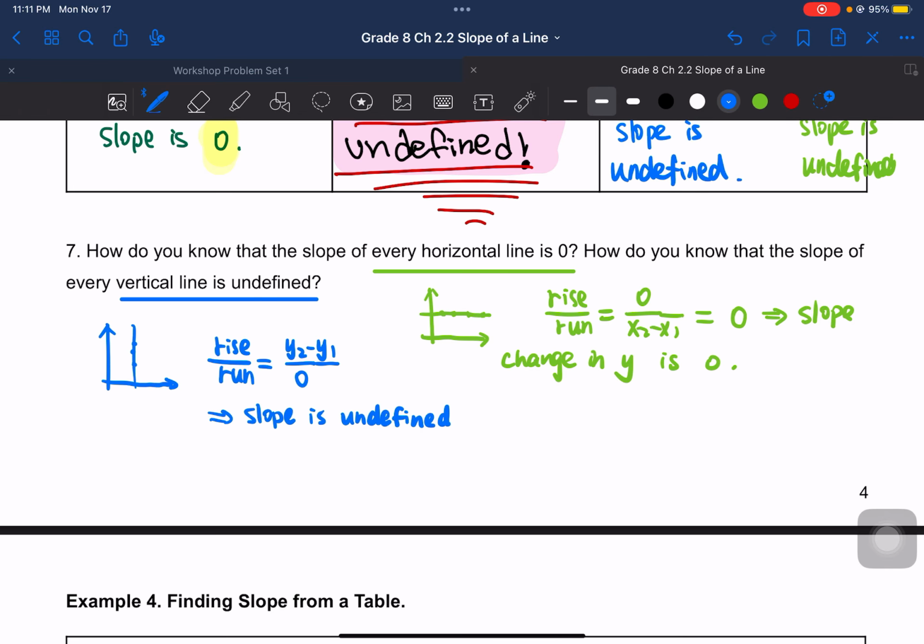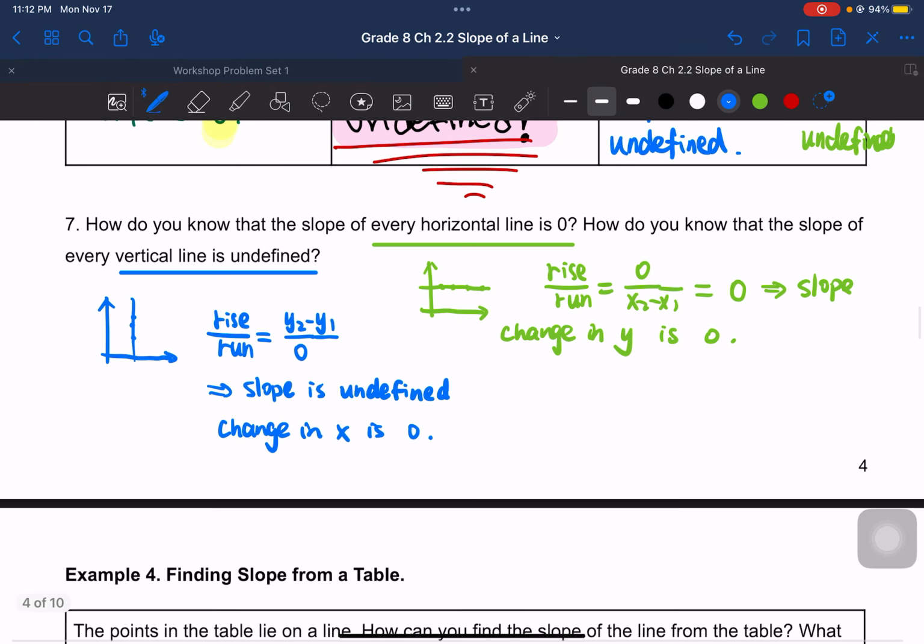So you can say it's because there's no change in x. Our change in x is 0. So we know that the slope of every vertical line is undefined because there's no change in x. So that's number 7, the two special situations for linear equations.